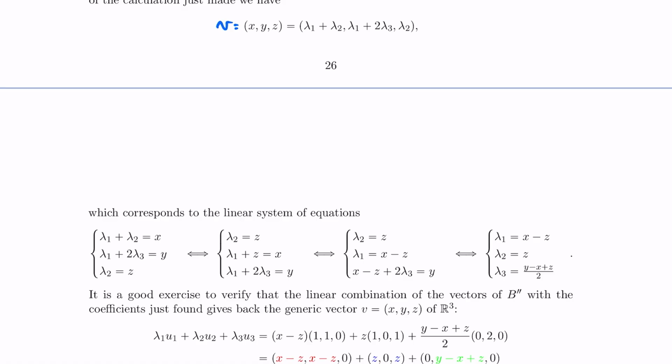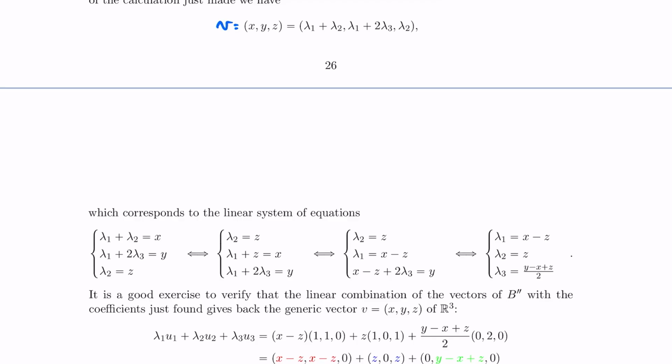So we know that this corresponds to a system of linear equations given by these ones that are written here. If you follow the substitutions that I have written in every step for the solution of this linear system, you end up with the components written here in terms of x, y, and z.